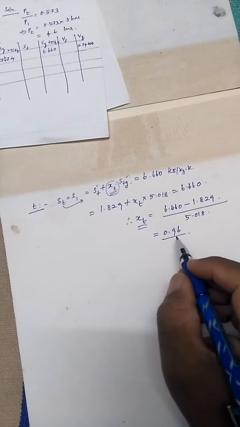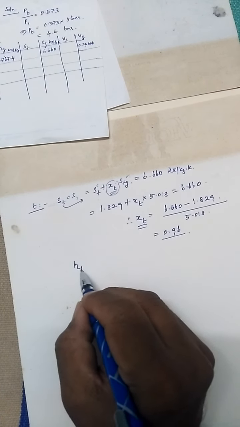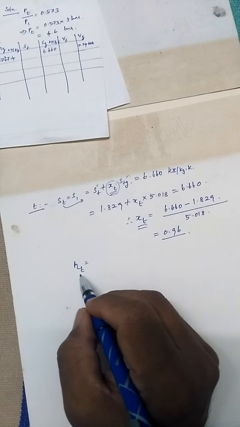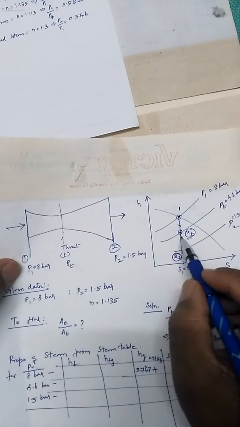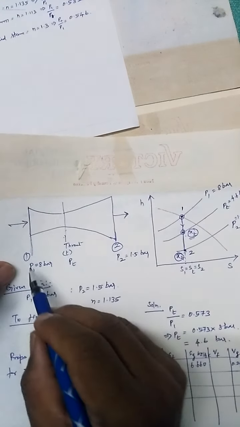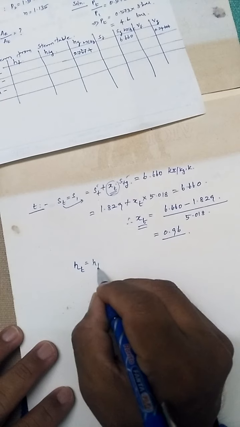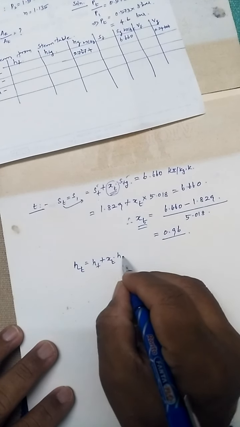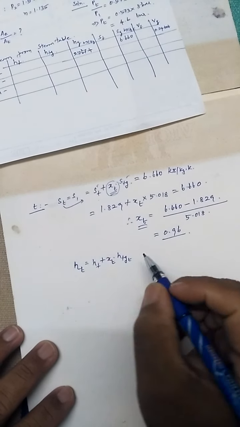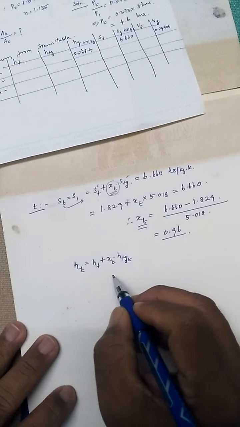Using this Xt, we have to calculate the value of throat enthalpy. H1 is already known, so we now have to find the ht value. This ht value is again hf plus xt into hfg, at throat pressure. Everything is at throat pressure.